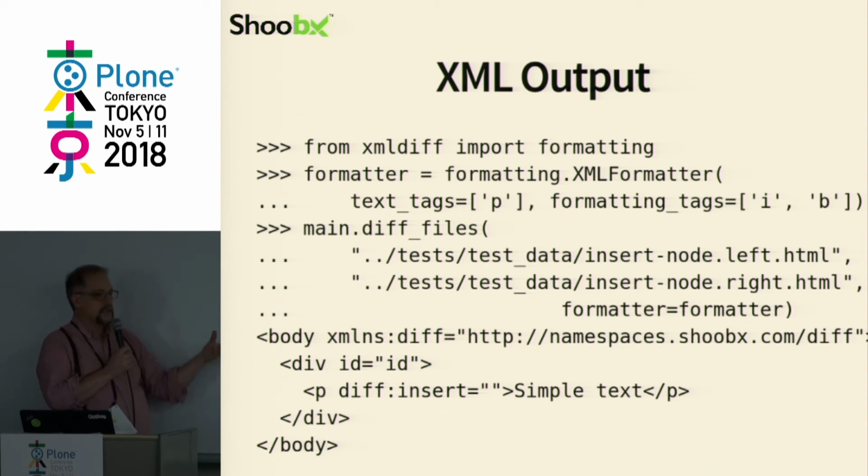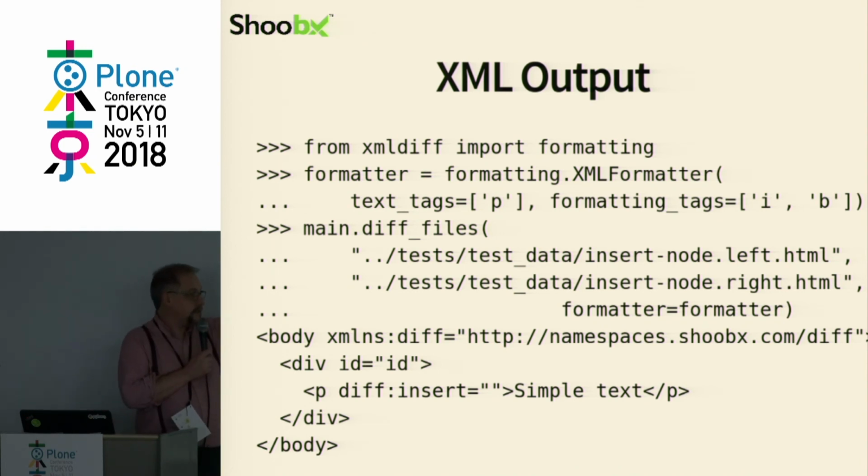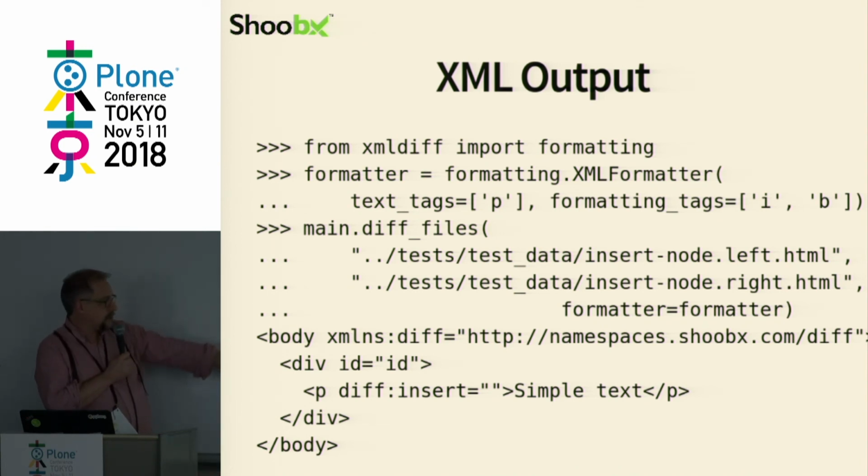So if you change something there, it gets deleted and inserted because it's not formatting, instead of just changed. And then you diff it and just pass in the formatter here, and then you get some XML out instead of this list.